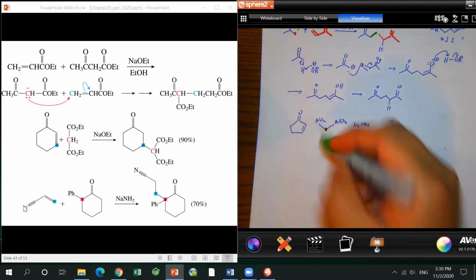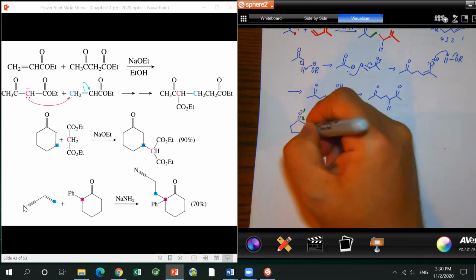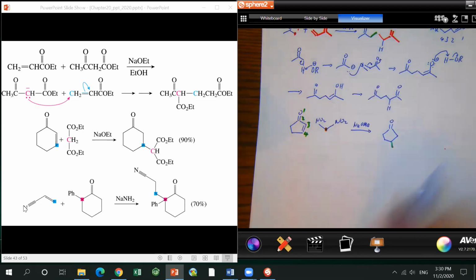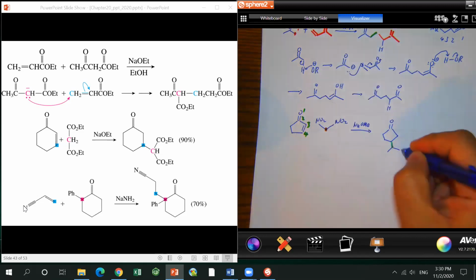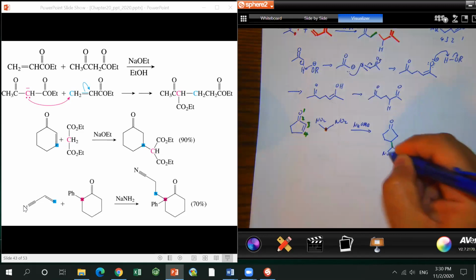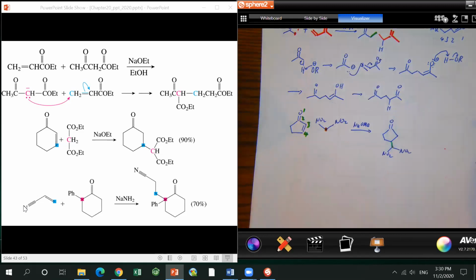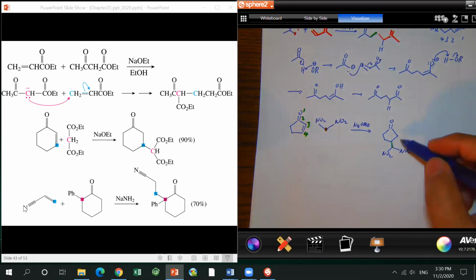That's the fourth carbon, so 1, 2, 3, 4. For the hydrogen case, normally you don't need to put it on, but if you want to put it on here, that's okay. So that's the 1,4 addition.